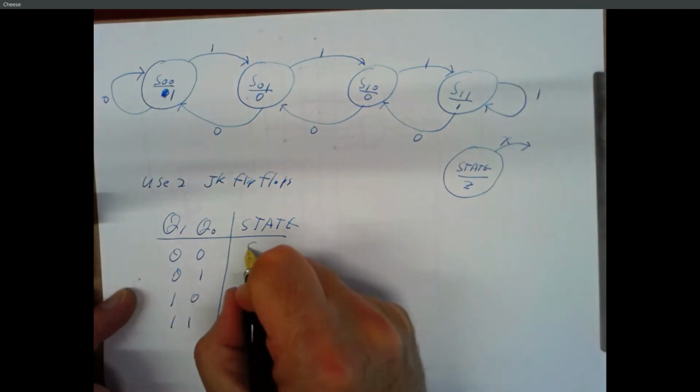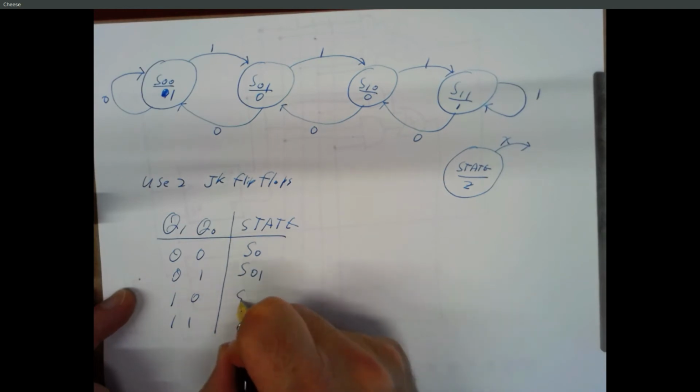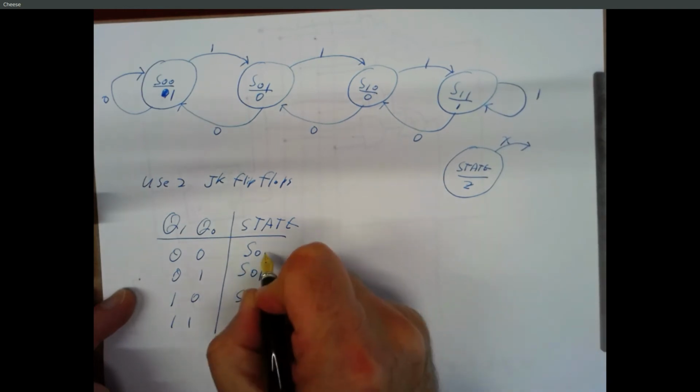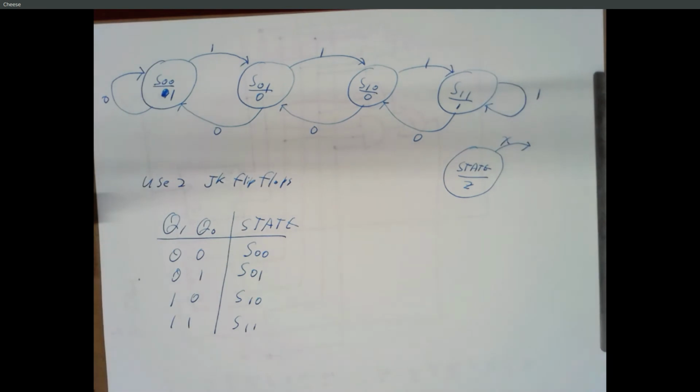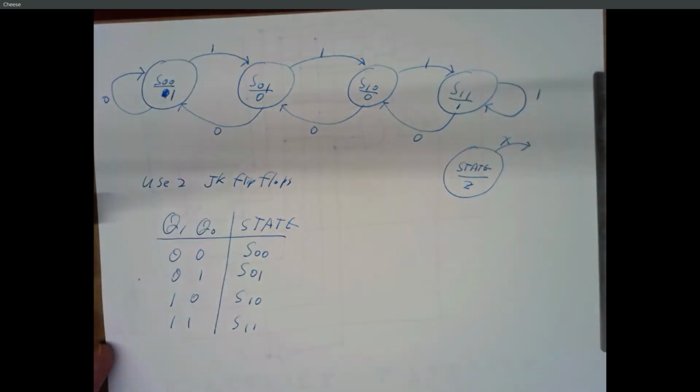And I'm going to name my states based on the value of the flip-flop outputs, to help minimize the chance of my getting confused. And in fact, if my states were called A, B, C, D, I would probably just rename them to 00, 01, 10, 11, and then name them back at the end or something.